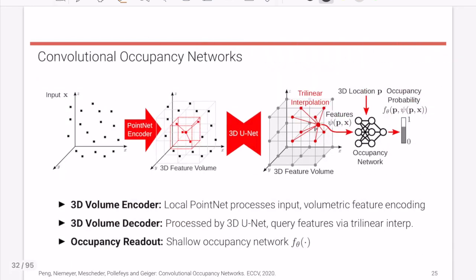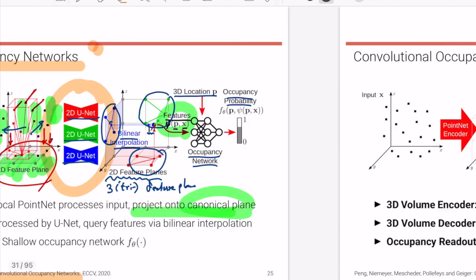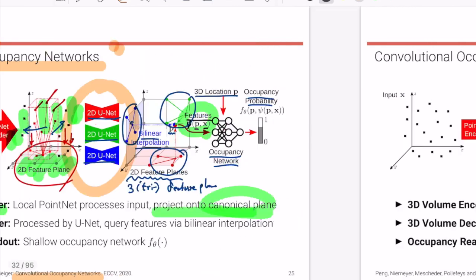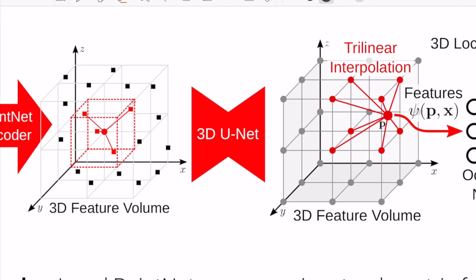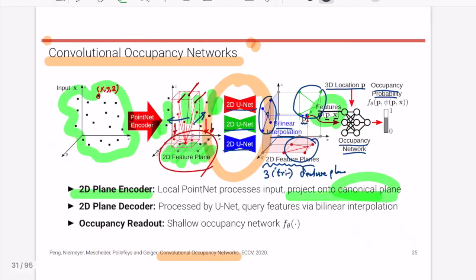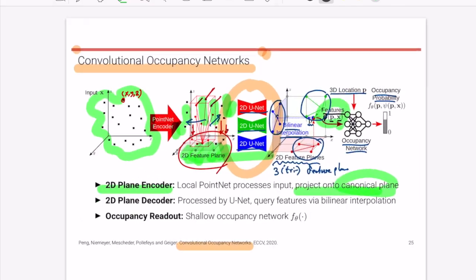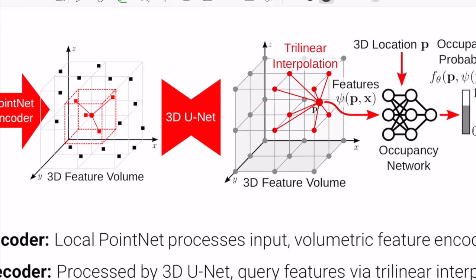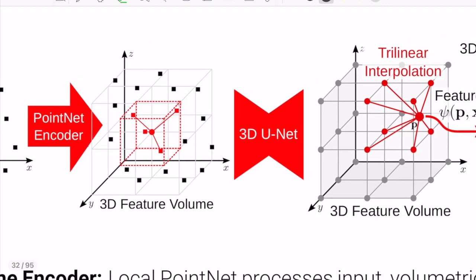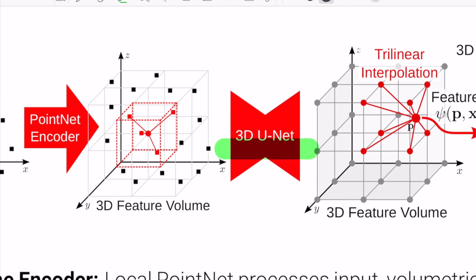So if we want to directly encode the 3D information rather than considering the projection and 2D convolutional neural network, in another variant, we can directly apply the 3D convolutional network to the 3D feature volume.